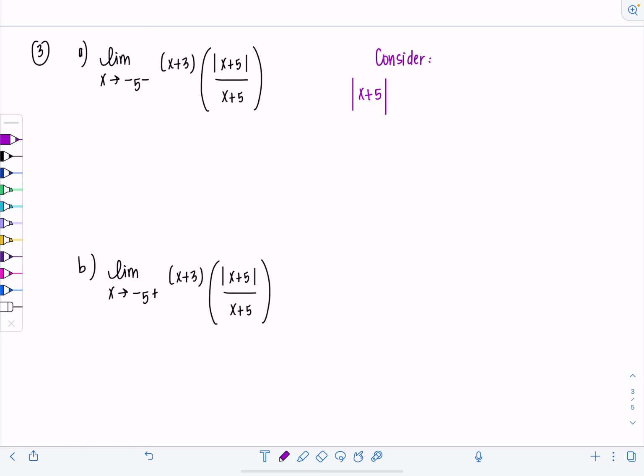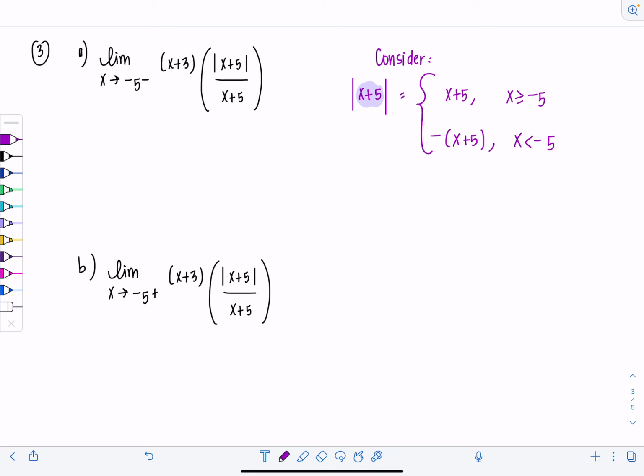So absolute value of x plus 5, just by looking, I'm going to split the domain at -5, right? So x plus 5 is already positive if x is greater than or equal to -5, and then I need to take its opposite for all x's that are less than -5.